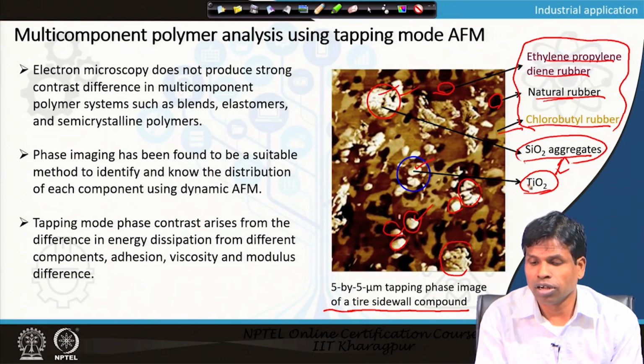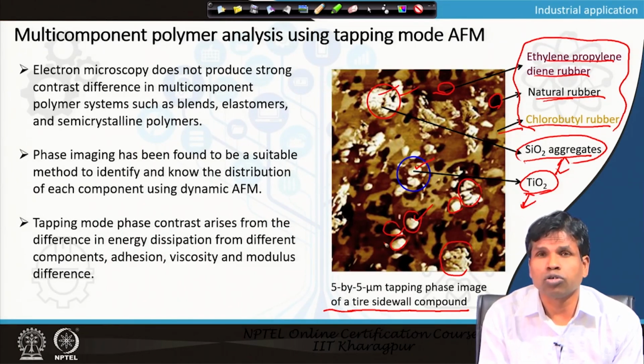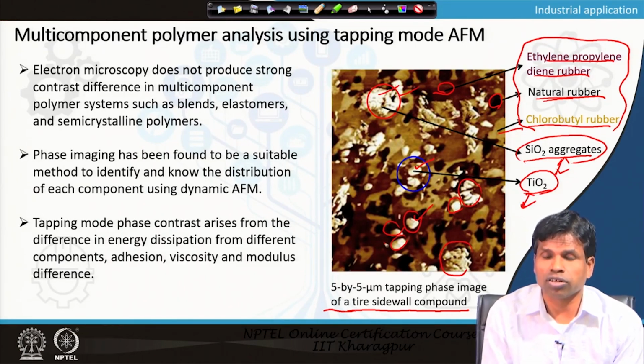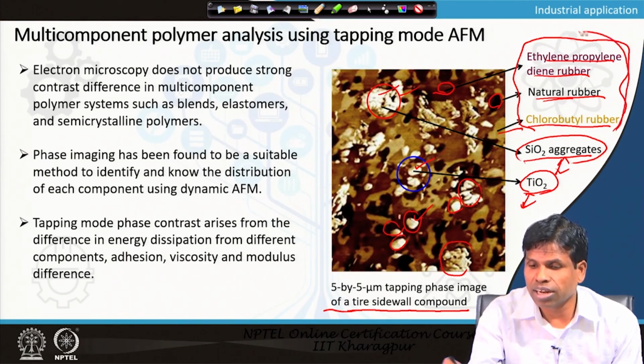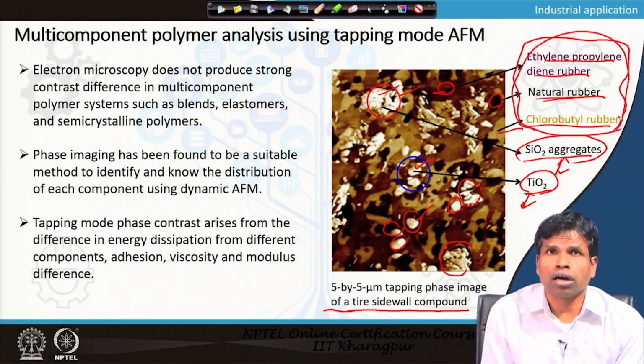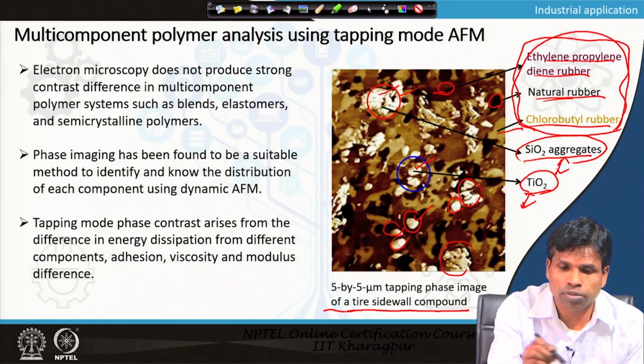The value of the backscattered electrons coming out of these regions will be different, and the distribution of SiO2 and TiO2 can be differentiated with the backscattered electron image of the scanning electron microscope. But moreover, all these polymer phase differences can only be made with the phase image of the atomic force microscope.